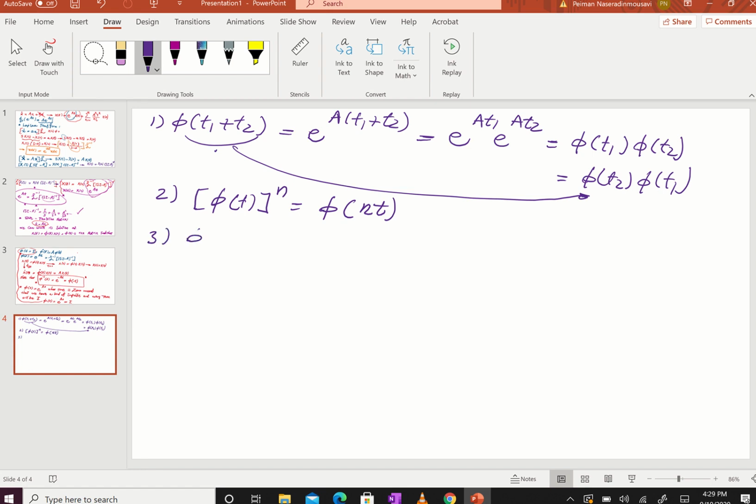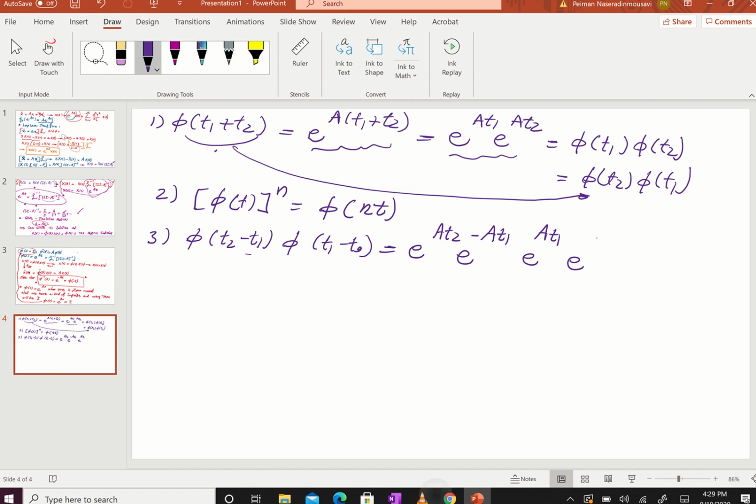Property 3: phi of (t2 minus t1) phi of (t1 minus t0). Let us do that together. Based on this, it is e to the A t2, e to the minus A t1, e to the A t1 based on whatever I have done here, and e to the minus A t0.